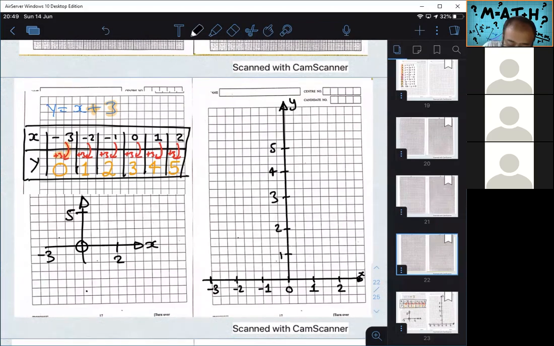Plot the values. I could use the graphing tool, but that just makes it too easy. You're going to need to physically plot them yourself. So let's have Layla. Where do I plot the -3 along the x? -3 on the other side, yeah. And then 0, so on the line. Yeah, and -2 is that? 1. Okay, and where's -1?